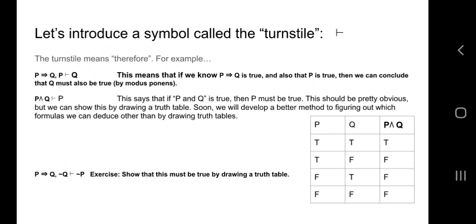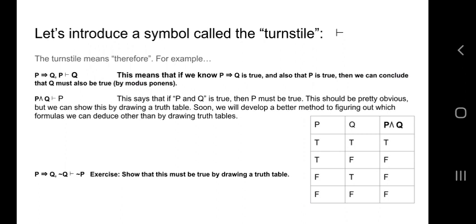Okay? Another example is if the formula P and Q is true, then P must be true, right? And we can show that by drawing a truth table. So if we draw this truth table, we have a column for P, a column for Q, and then a column for P and Q. Now, in which rows is P and Q true?